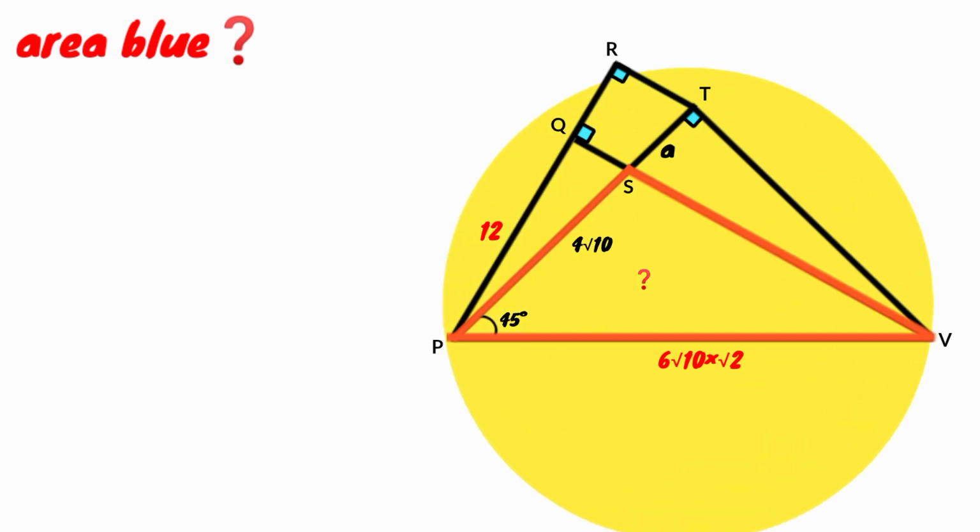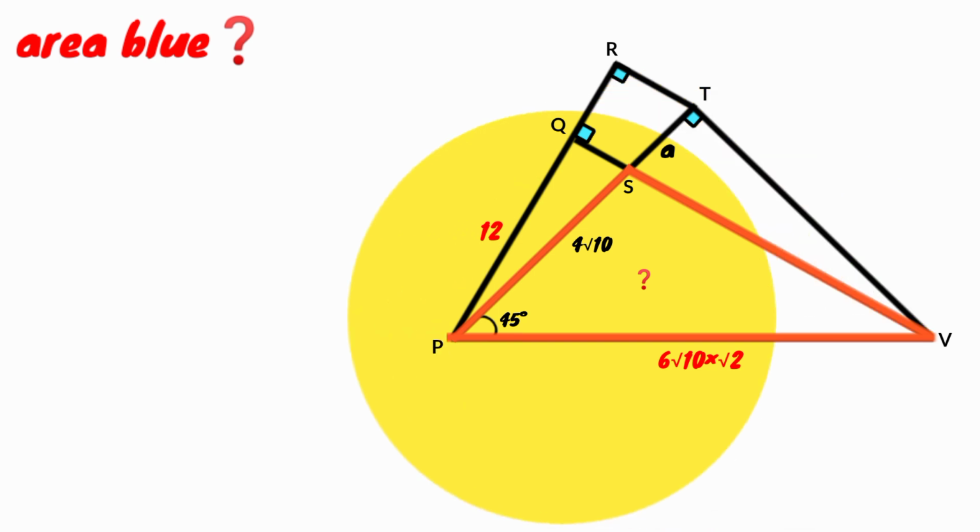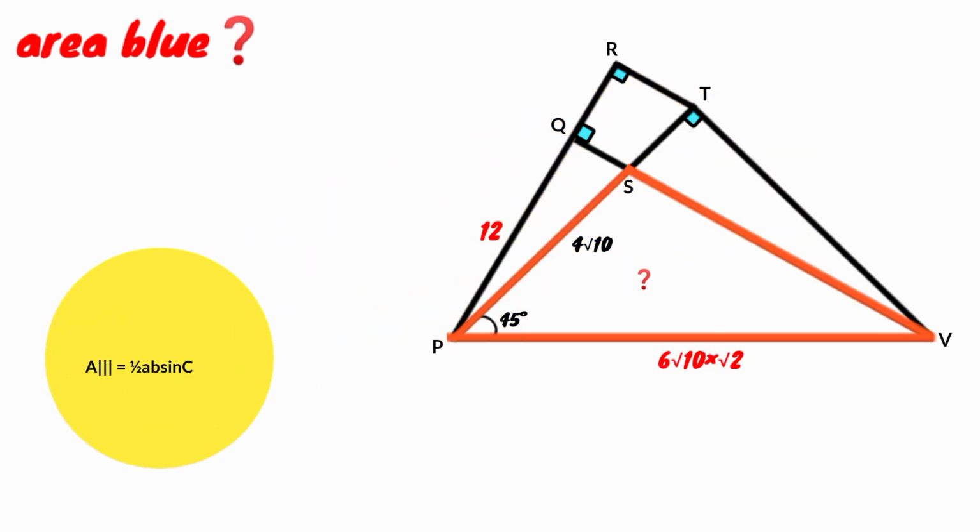Back to this triangle. To calculate its area, we can use the formula 1 over 2 AB sin C, where A and B are length of two sides of the triangle and C is the angle between them.